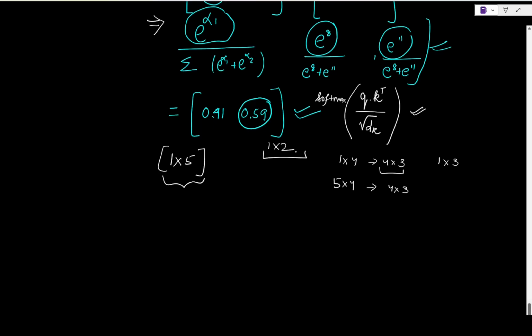Project it onto a 4 by 3 key matrix, which is WK, and you will get a 5 by 3 matrix. If you do Q times K transpose, it is a 1 by 3 multiplication with 3 by 5, and you get 1 by 5. Then you take the square root of dk, which is normalization, you take the softmax, and you get this particular vector, a probability representation, so to speak.